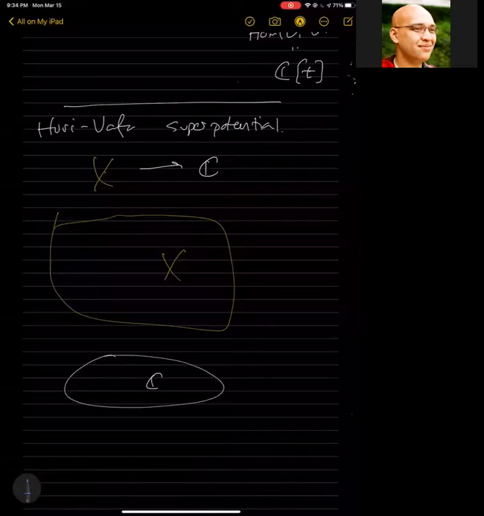The way you get from this kind of Hoare-Waffe superpotential to something with a stop is you take a point at infinity in C, and you take the preimage of that point. Roughly speaking, this is your stop.